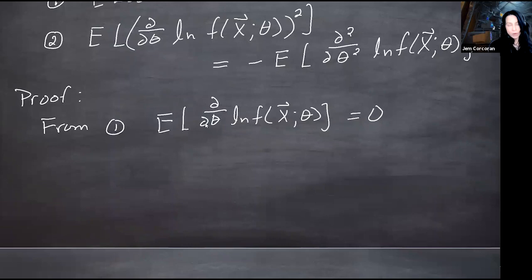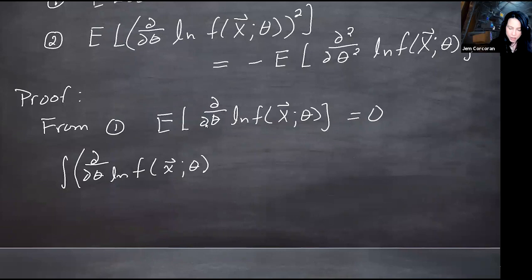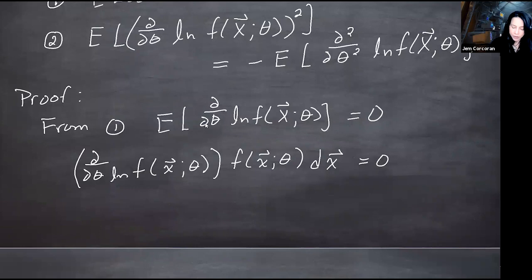If we write that out with an integral, this is the integral of the derivative with respect to theta of the log of f of little x and theta, and we need to multiply by the joint PDF and integrate over all of the x's. The vector x is telling you this is an n-dimensional integral, going over dx1, dx2 out through dxn.